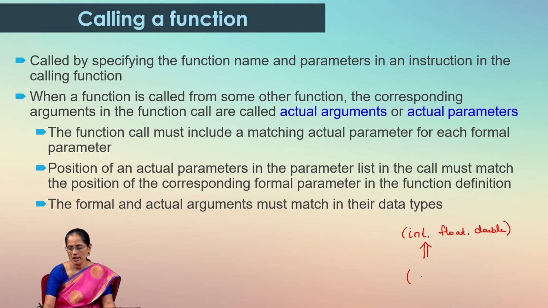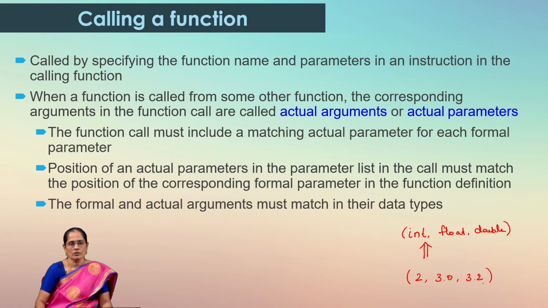So, in this case I should supply the values as, for example, 3, 3.0, 3.2; this is how it should work. We are supposed to keep in mind that the actual parameter's data type should be the same as the data type of the formal parameter. The second thing is that the position of the actual parameter should go with the same position of the formal parameter.